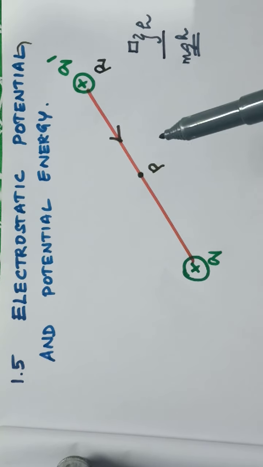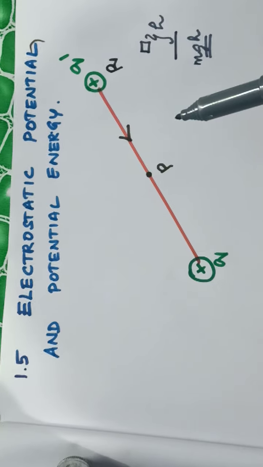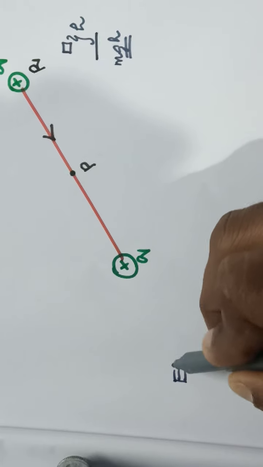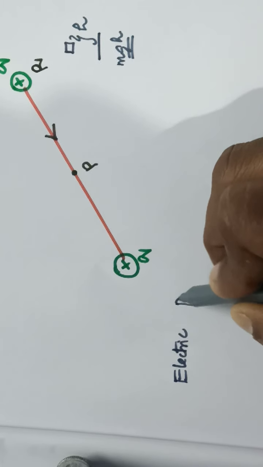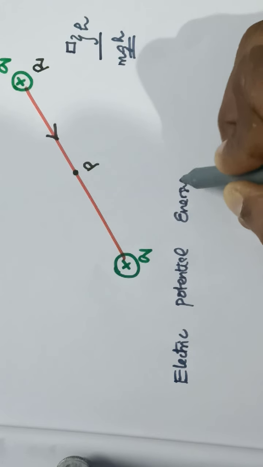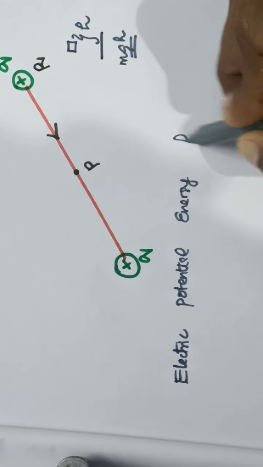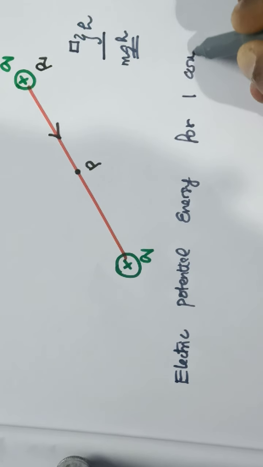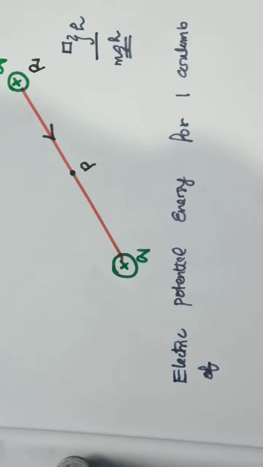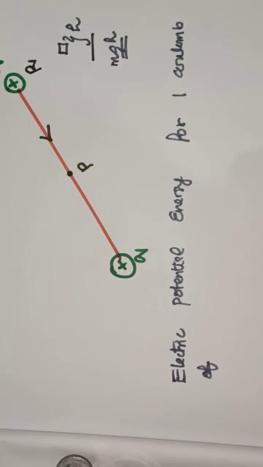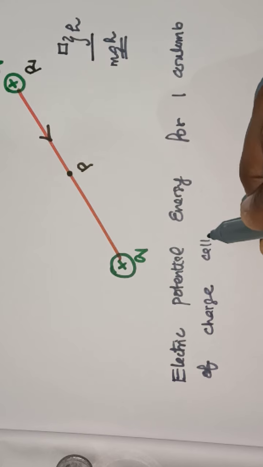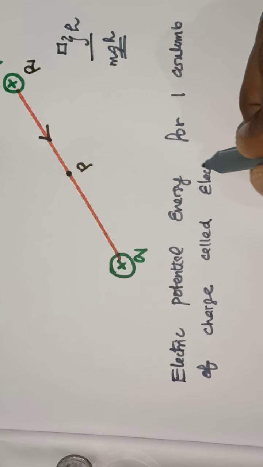Electric potential energy for 1 coulomb of charge is called electric potential.